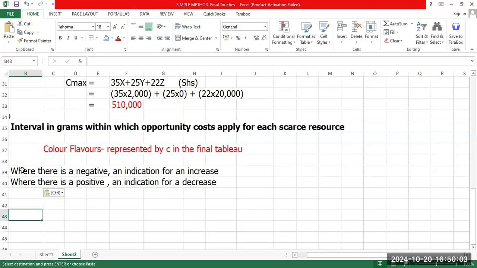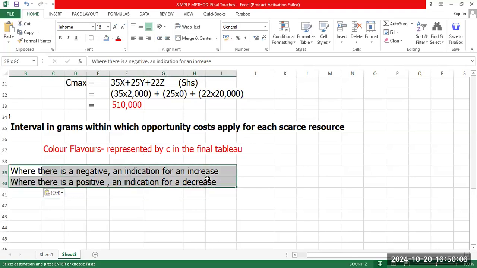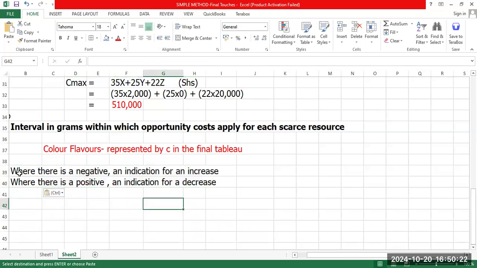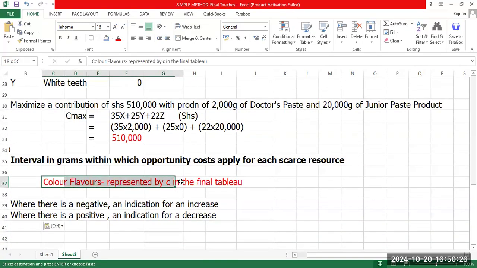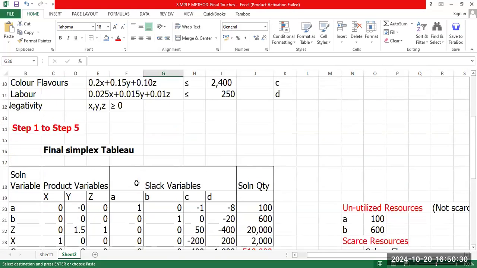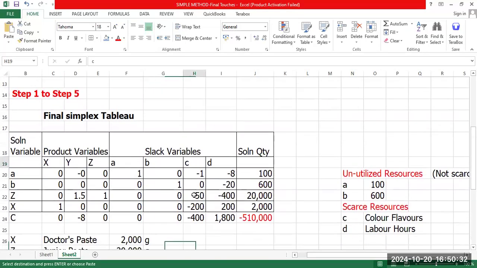You need to apply this concept to come up with your interval. Because with the interval, you need an upper limit and a lower limit. With this concept, you'll be in a position to know your lower limit and your upper limit. So let's go back to column C in the final tableau.